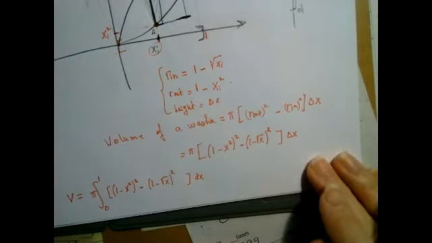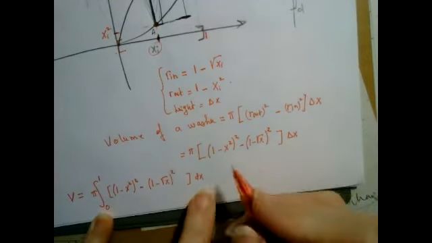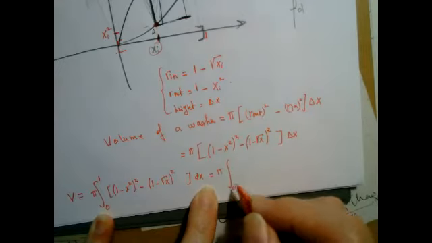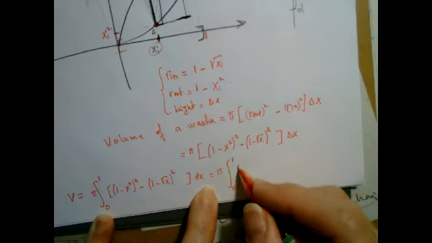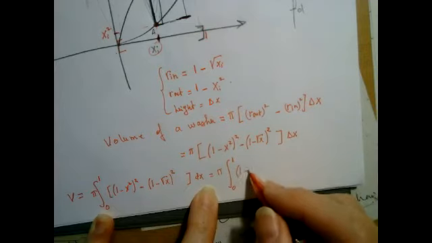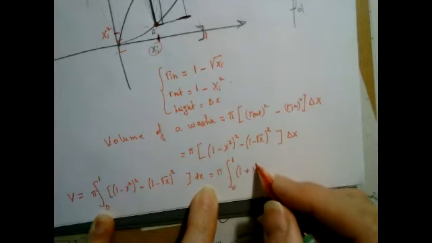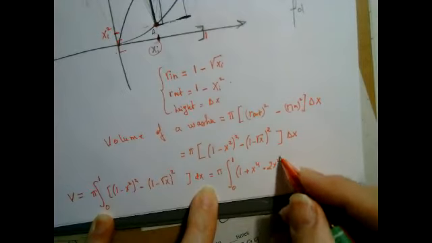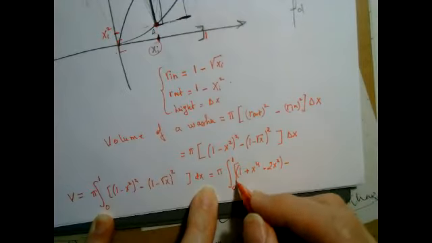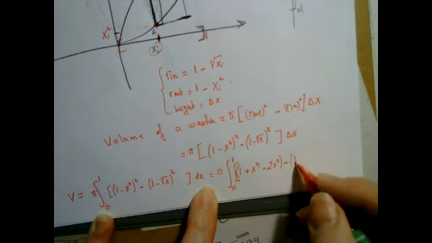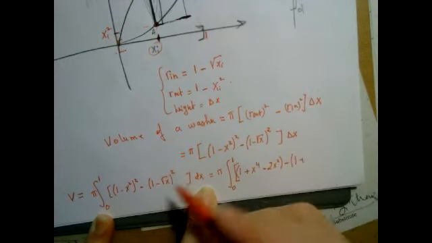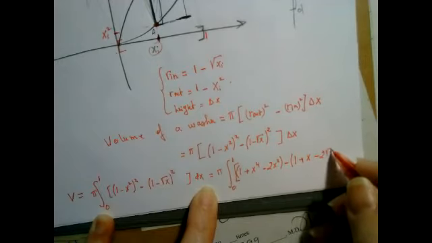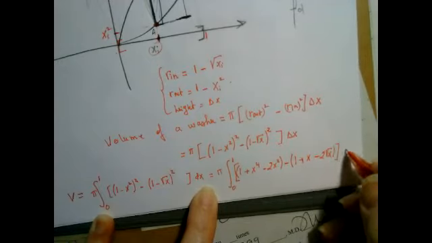And now the integration is verbatim like the integration in the previous problem. So it's going to give me the integral from 0 to 1 of 1 plus x to the 4th minus 2x squared minus 1 plus the square root of x squared minus 2 root x dx.